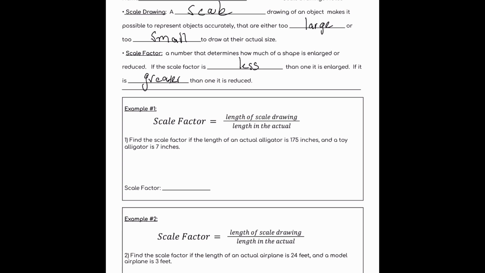So what we're going to do in the next few examples is determine what the scale factor is by placing the length of the scale drawing on top and the length of the actual on bottom and dividing. Find the scale factor if the length of an alligator is 175 inches and a toy alligator is 7 inches.